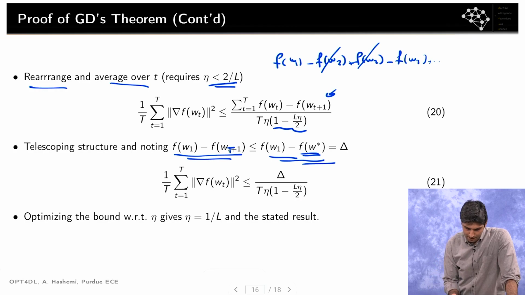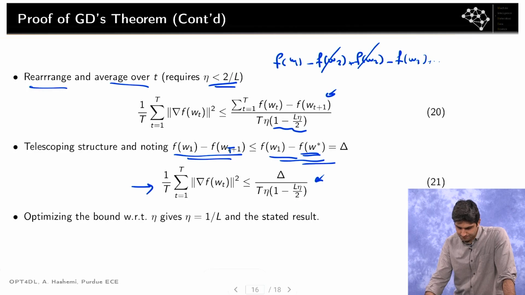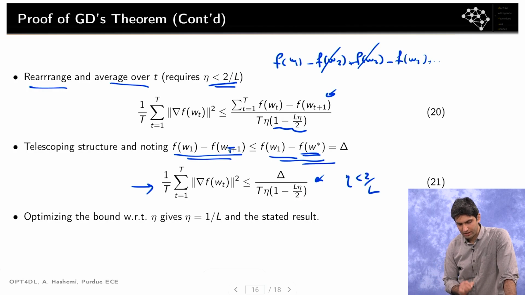Okay, and with noting that we can apply this fact, we're going to arrive at this bound that holds for all learning rates that are strictly less than 2 over L. So as long as eta is strictly less than 2 over L, this bound is satisfied.